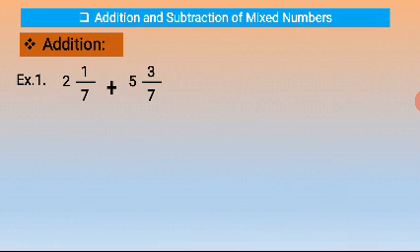Now we write this example again, 2 and 1 upon 7 plus 5 and 3 upon 7. Here 2 and 5 are whole numbers or natural numbers.